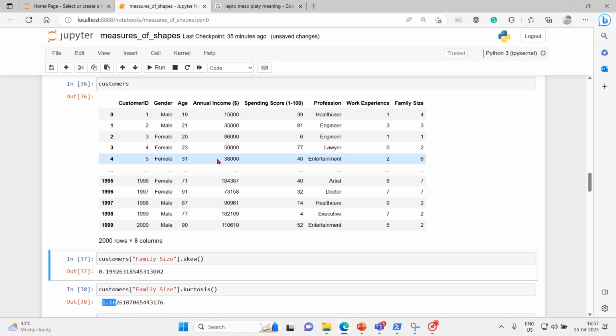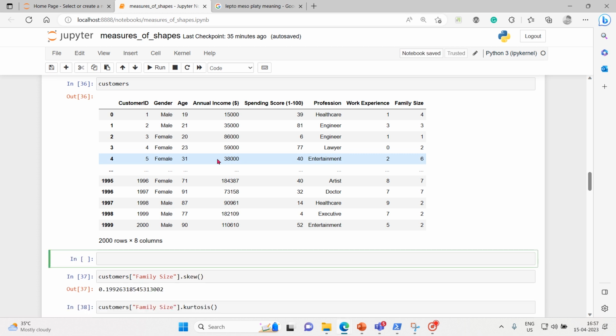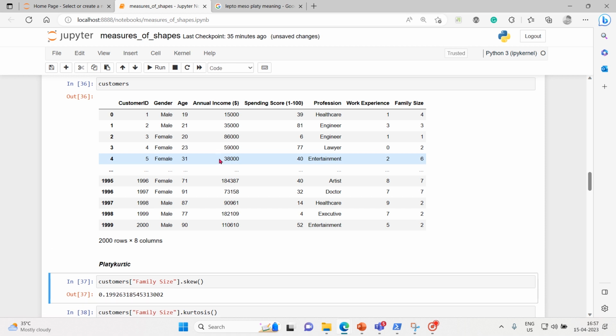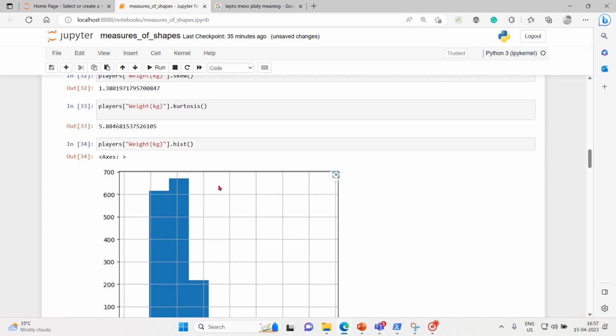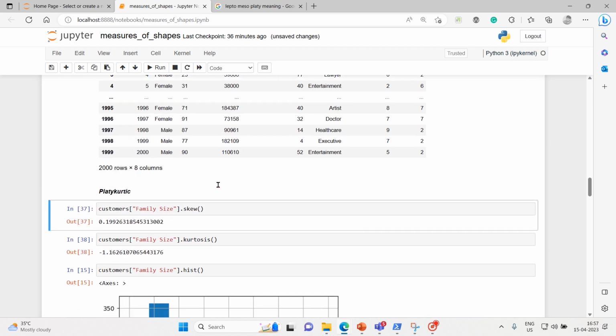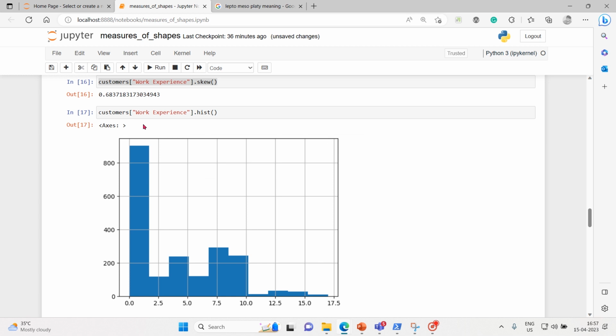So it's called platykurtic. Yep, so we have seen all three, mesokurtic, leptokurtic, and platykurtic, from the data sets. As per my understanding, this should be leptokurtic.